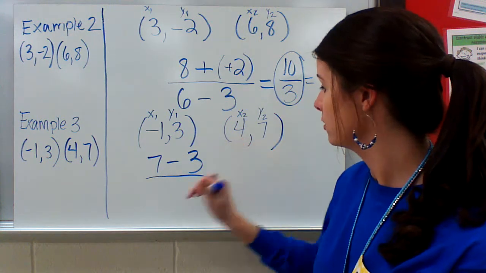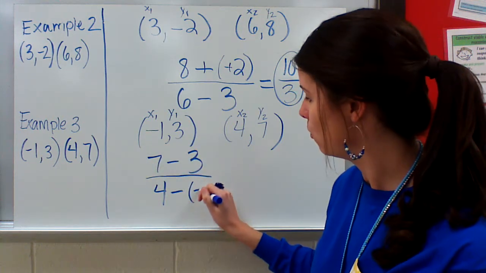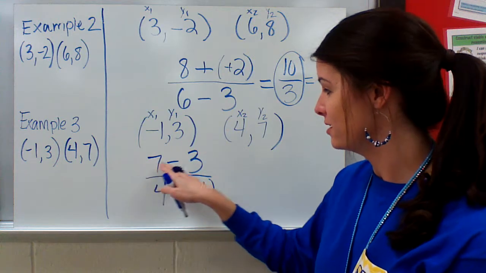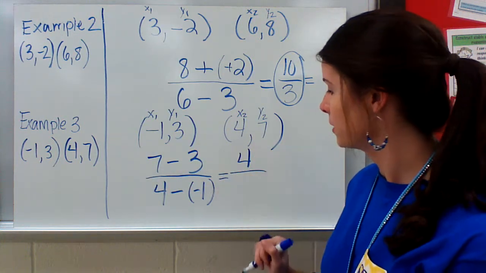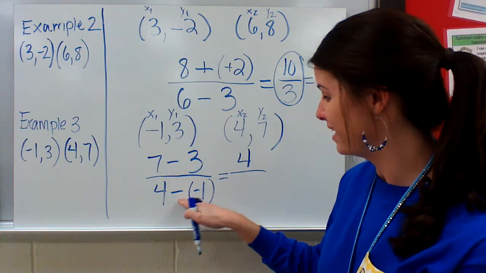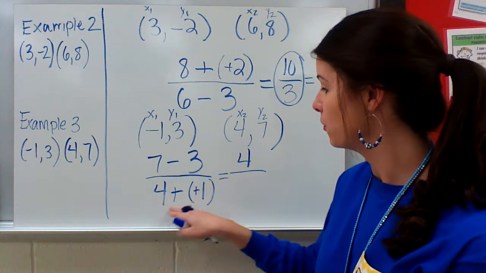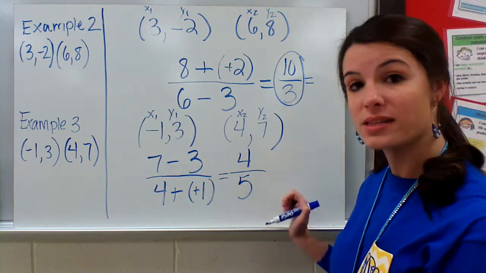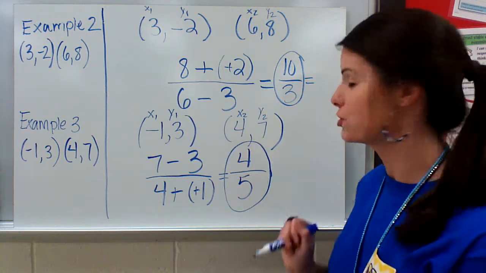And we have 4, and we subtract a -1. Okay, 7 minus 3 is 4. Remember, 4 minus a negative, when you're subtracting a negative, you're just adding a positive. 4 plus a positive 1 is 5. 4/5 is simplified, and our answer is a positive 4/5 as our slope.